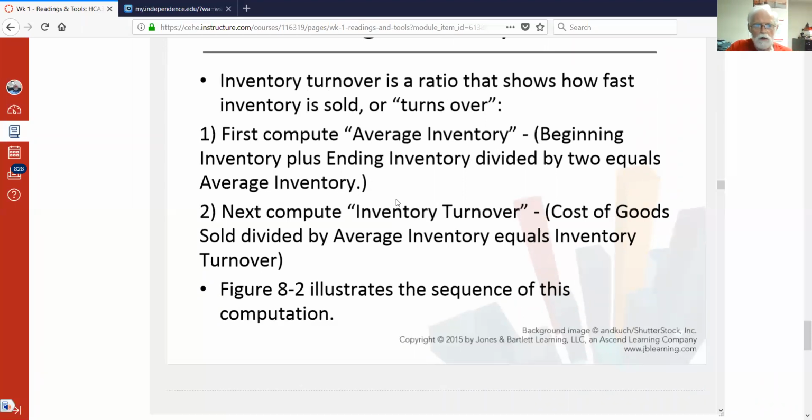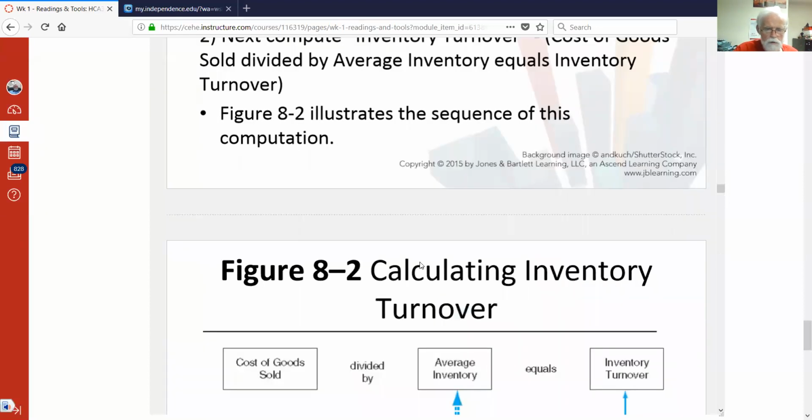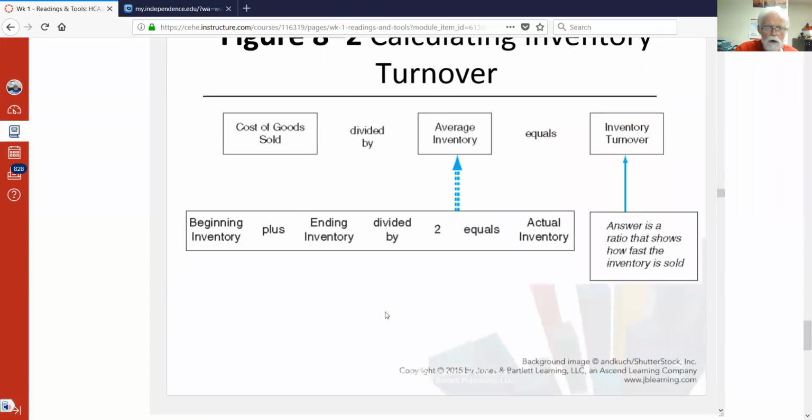Inventory turnover tells us basically how fast the inventory is sold. We have average inventory, and the cost of goods sold is divided by the average inventory, and that gives us our inventory turnover.